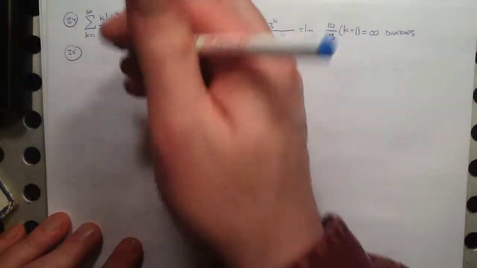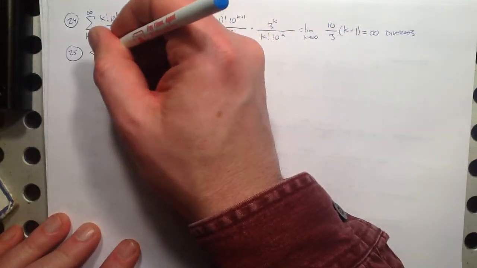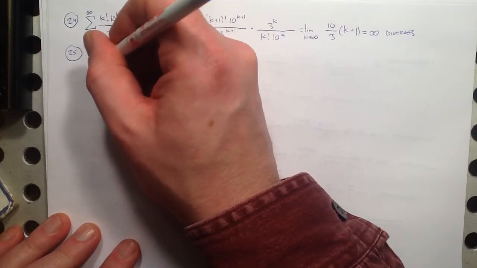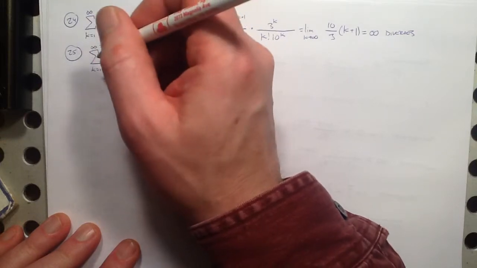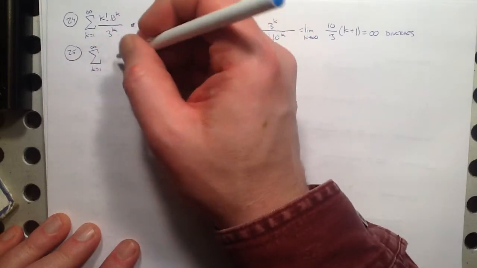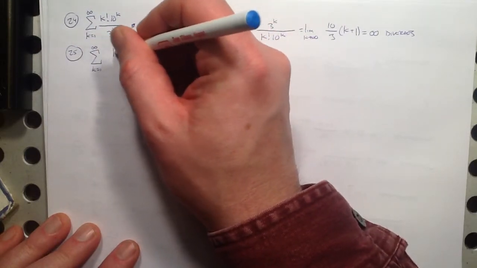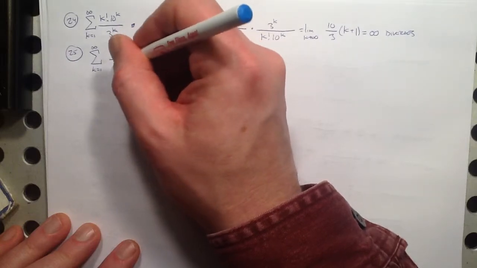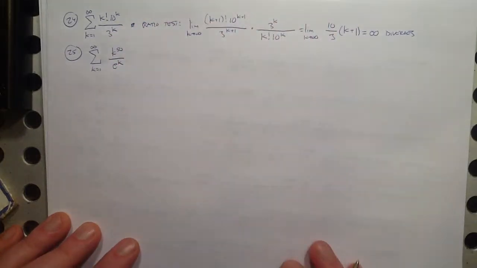For 25, we have k equals 1 to infinity. I'm going to rewrite this as k to the 50th over e to the k. I think that's going to be better that way.